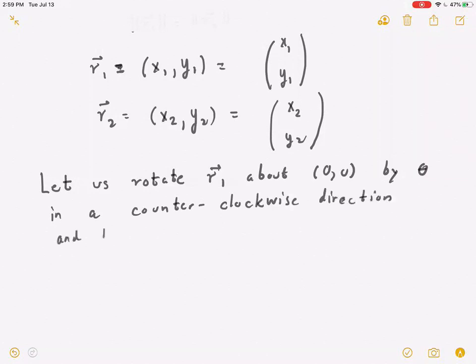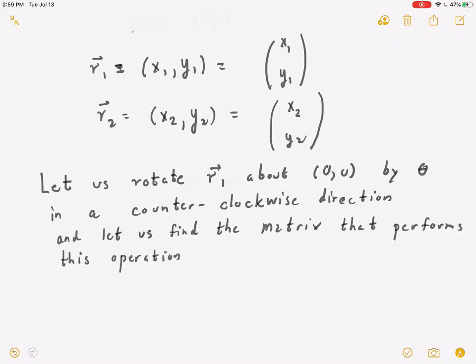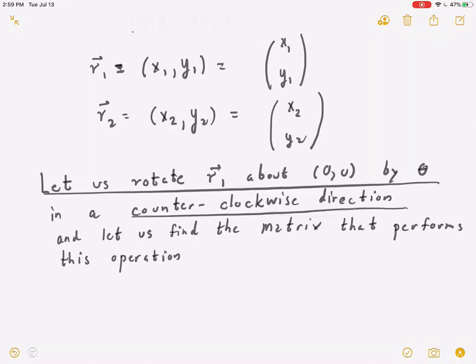And let us find the matrix that performs this operation. So we've described the operation that we want to do, and hopefully that can give us some insight in discovering what is the matrix that actually does that.